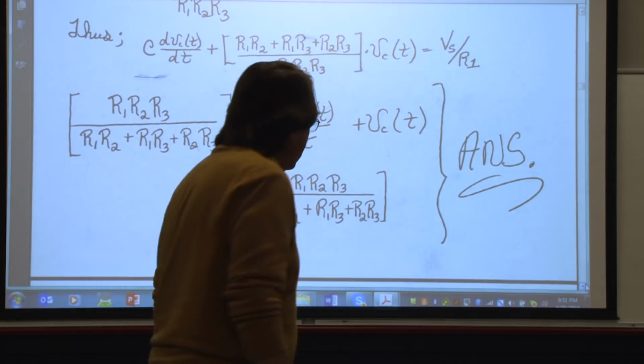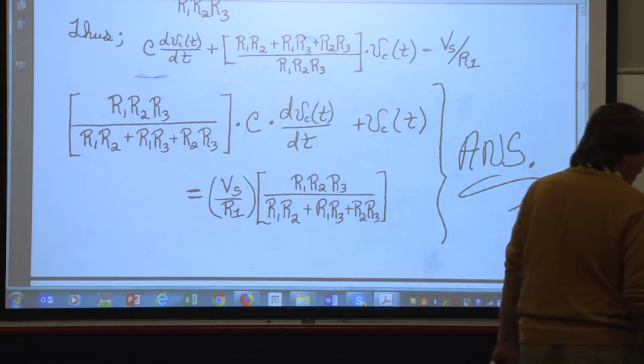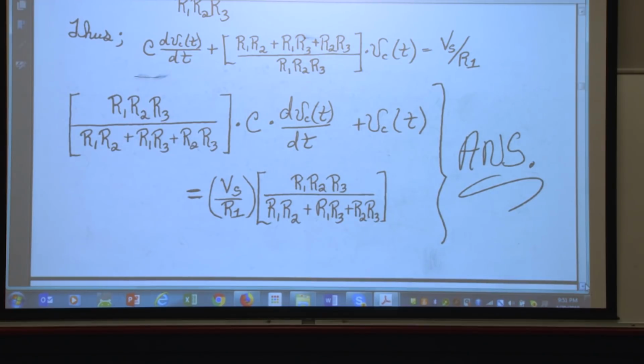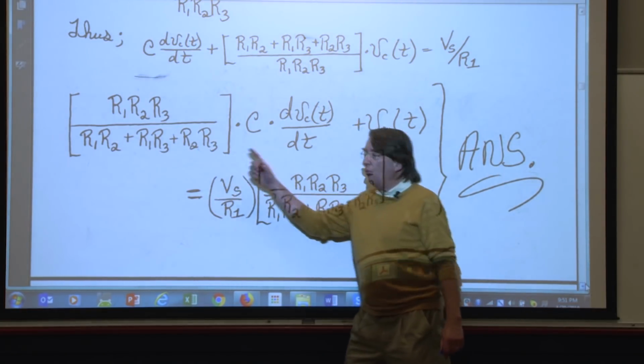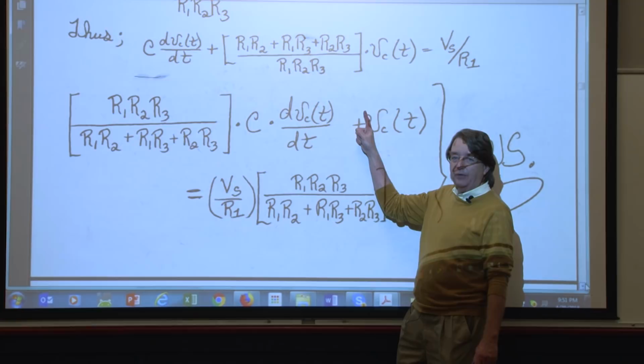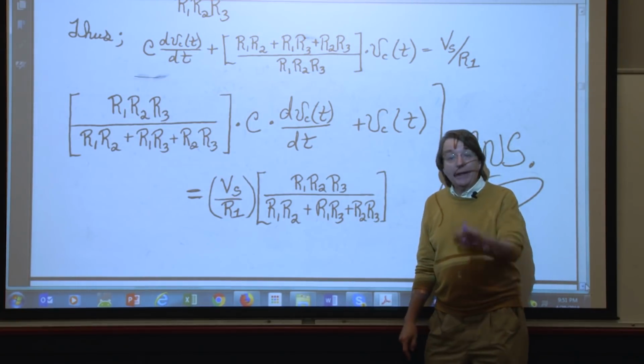Now, in this form, I asked what I would consider the traditional questions. Without even looking at the next sheet, what's the time constant? Where would I find it? Right. Whatever's in front of the derivative when I have a 1 in front of the non-derivative. Great, let's go 2 for 2.